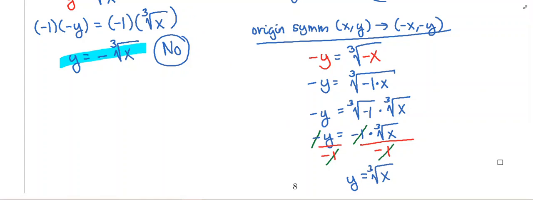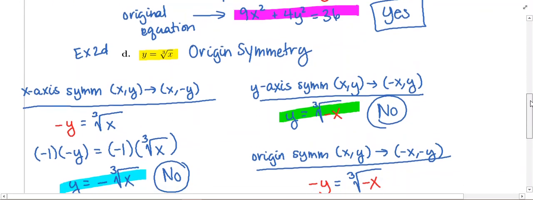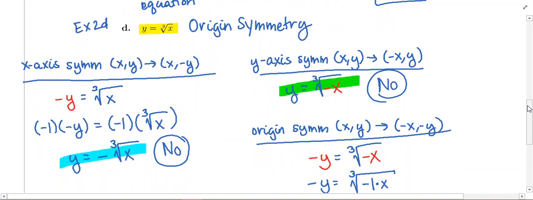And so this purple equation is the original equation. So yes, the graph of this particular equation has origin symmetry. In conclusion, the snake graph, y equals the cubed root of x, has origin symmetry only.